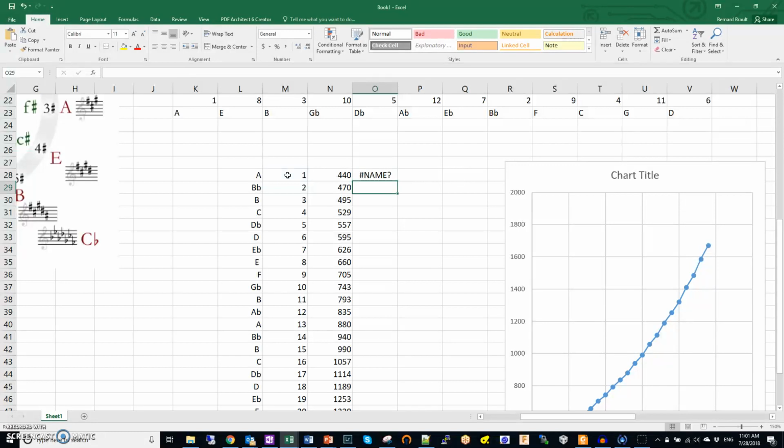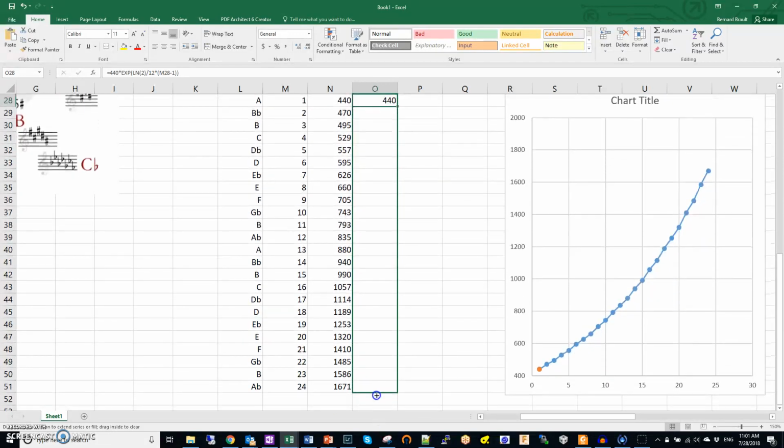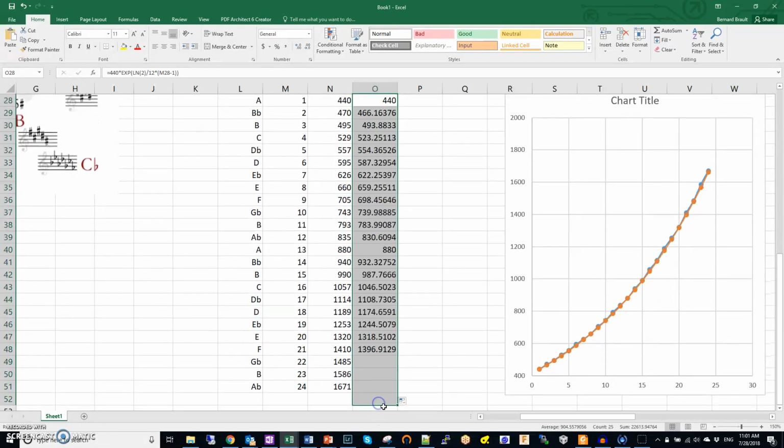That should work out. Whoop, little error in the formula. What's EXP right there. Okay, all right, this is live. So I'm just going to copy down the formula all the way down and see what I get.